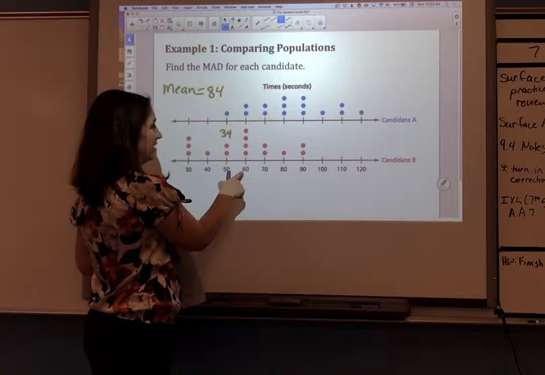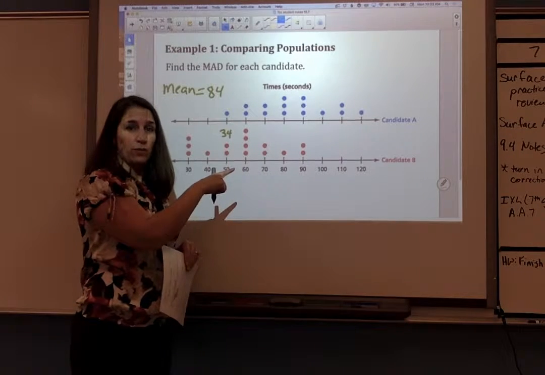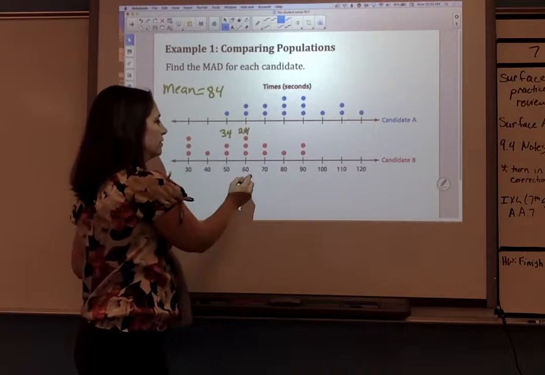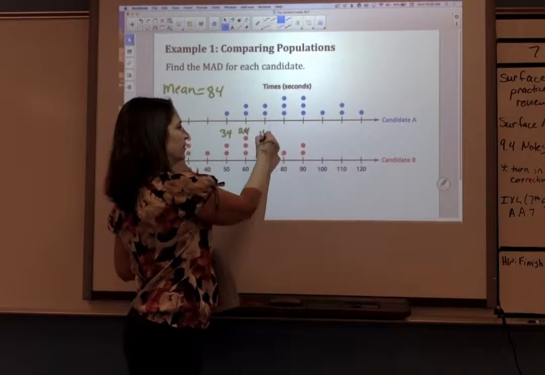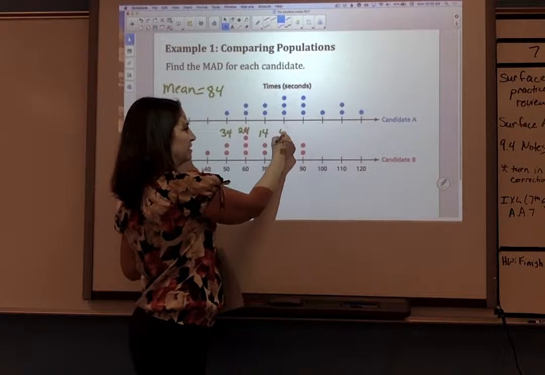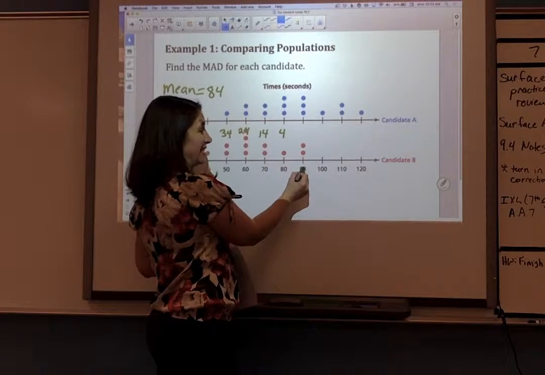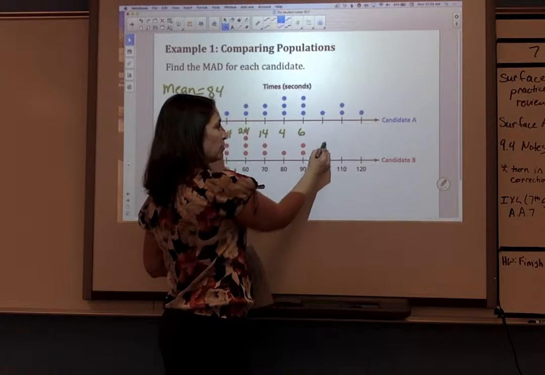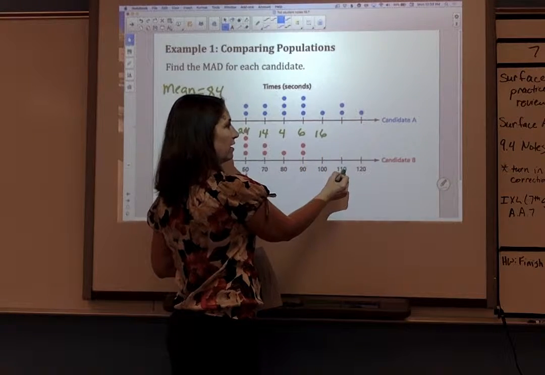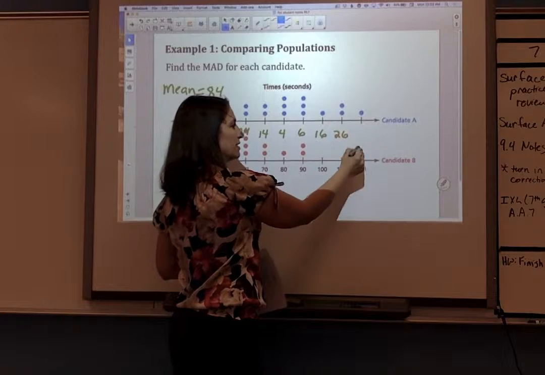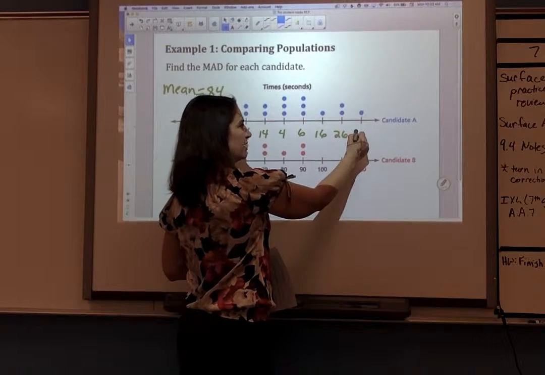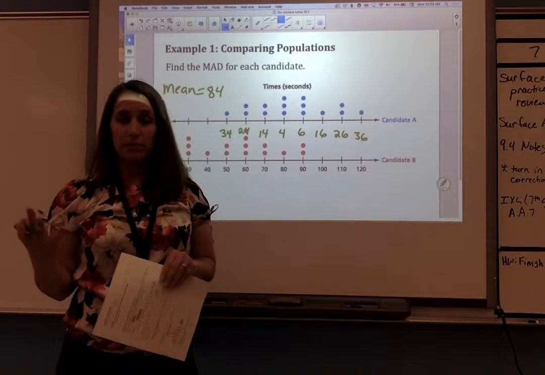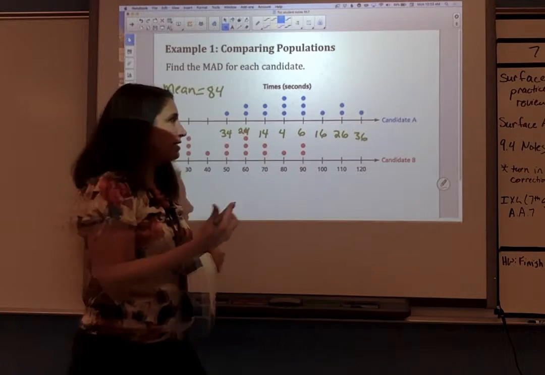These two data points are at 60 seconds, so 84 minus 60 is 24. 84 minus 70 is 14. 84 minus 80 is 4. 90 minus 84 is 6. 100 minus 84 is 16. 110 minus 84 is 26. And 120 minus 84 is 36. Now we're just going to add these up and divide by our 15 data points.